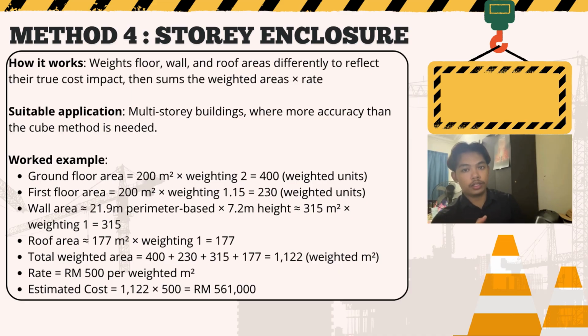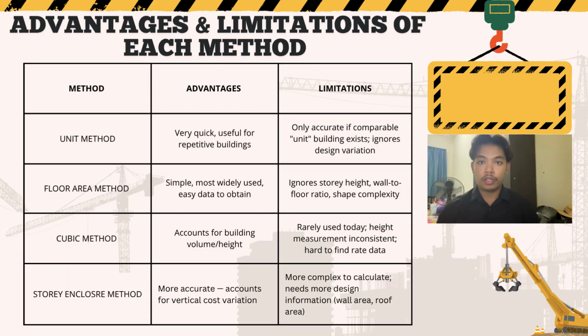Adding these together gives a total weighted area of 1,122 at a rate of 500 ringgit per weighted square meter, and the estimated cost comes to around 561,000 ringgit Malaysia.